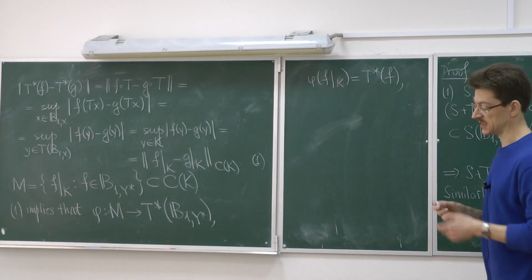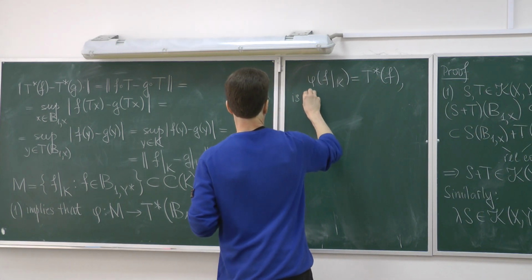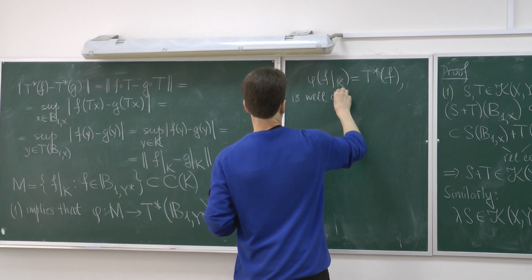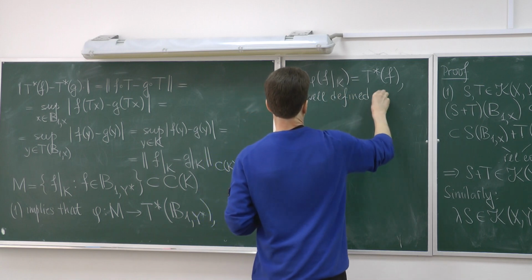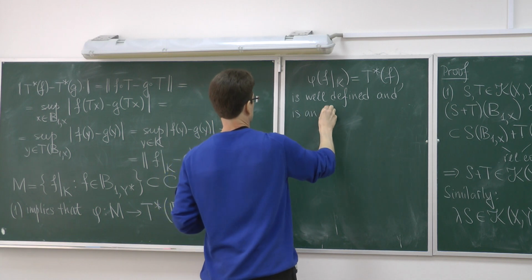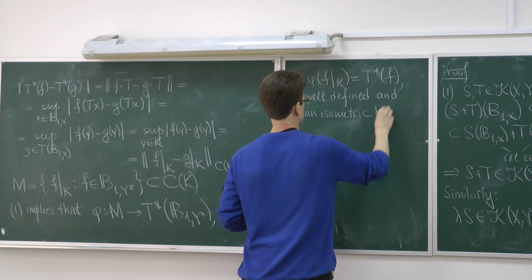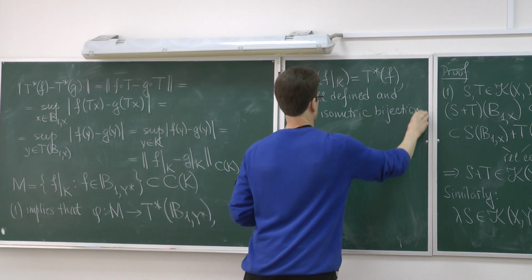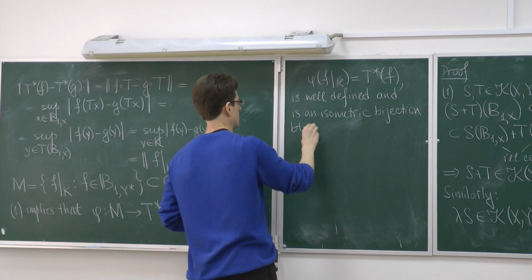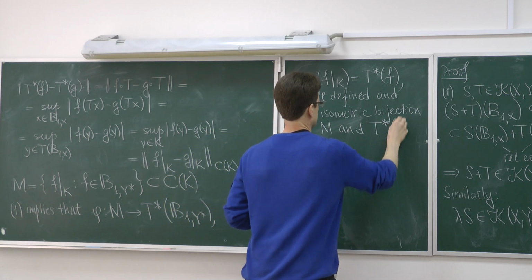Formula 1 implies that this map is well defined, and in fact is an isometric bijection between M and T star of B.